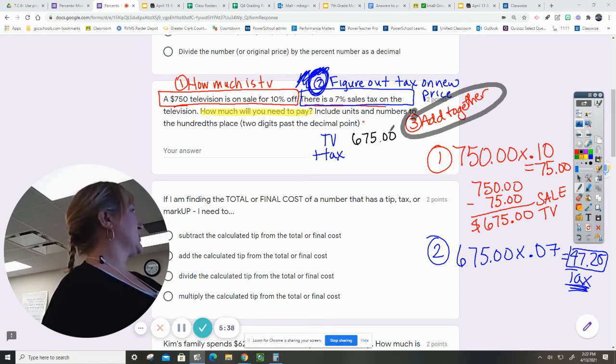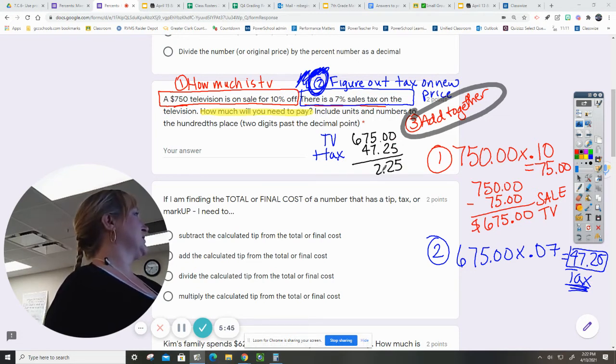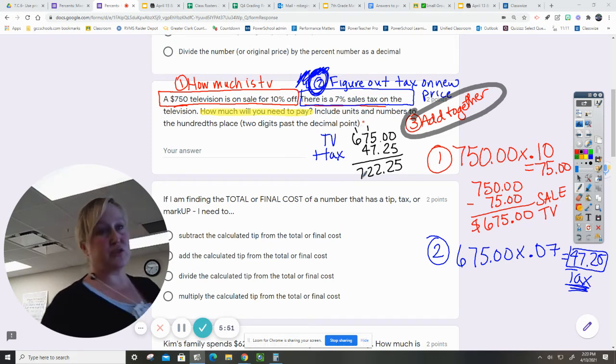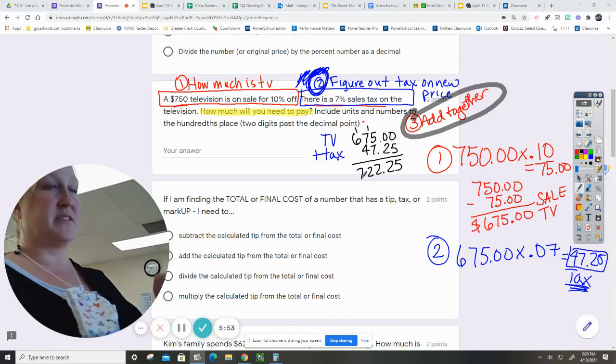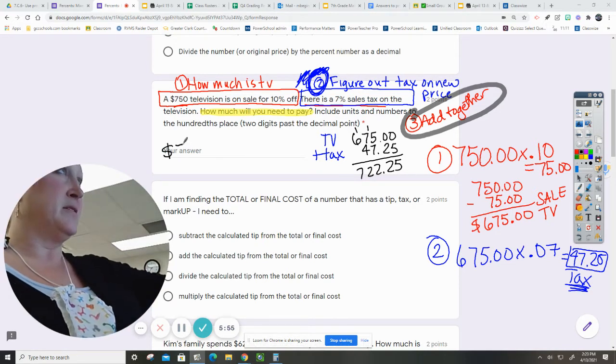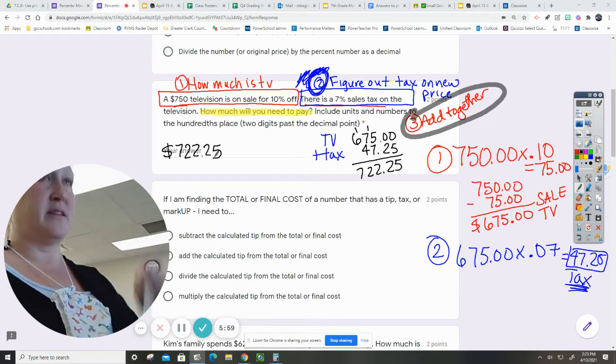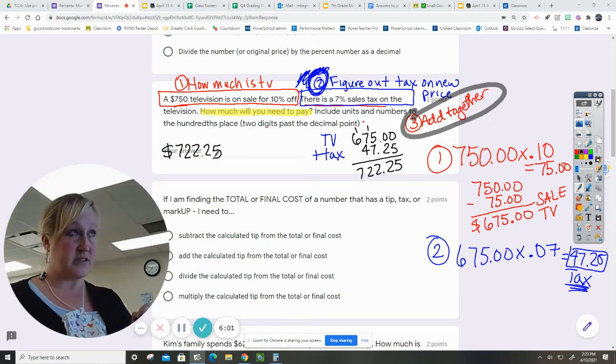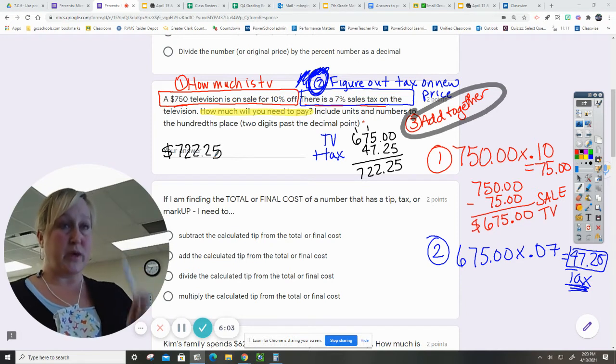The tax was $47.25. And I get $722.25. You will type in $722.25. That is the final cost for that television with the discount, adding the tax back on.